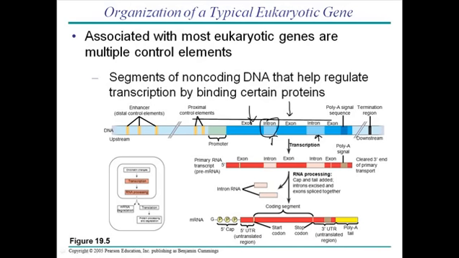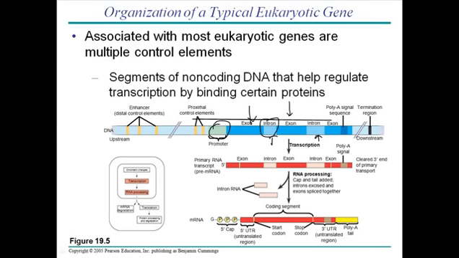So not only do we have the structural part of the gene, but we also have the promoter, which is needed for our transcription initiation. In this promoter, we can have the initiation region, or TATA box, or consensus sequence, where the polymerase will bind and then transcribe. And then we also have different sites for controlling.